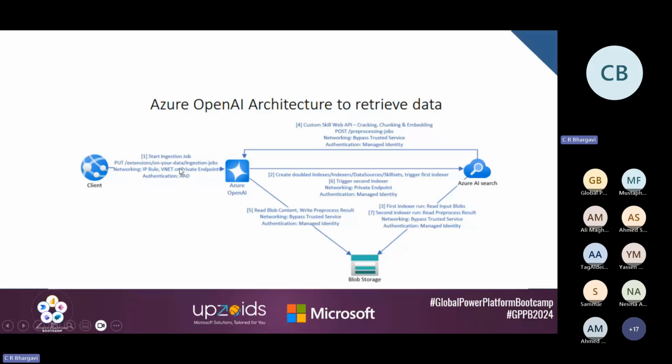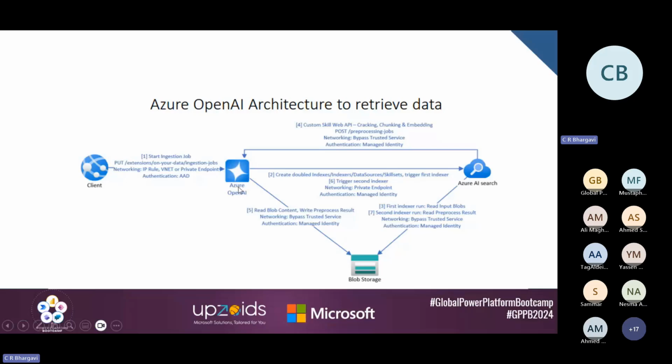Whenever the client initiates the conversation, say when you have integrated a chatbot, the client will be initializing the conversation, and that can be any conversation, whatever he does. It can be chat or it can be audio, and that is considered to be a job, which they are just ingesting. Once that is done, it hits up the Azure OpenAI.